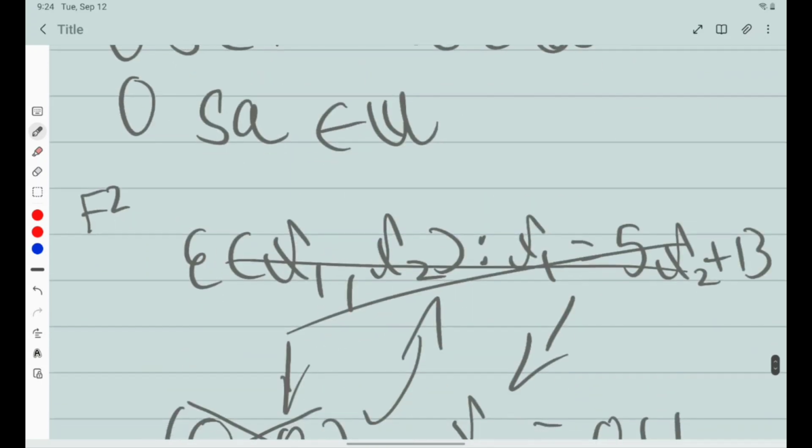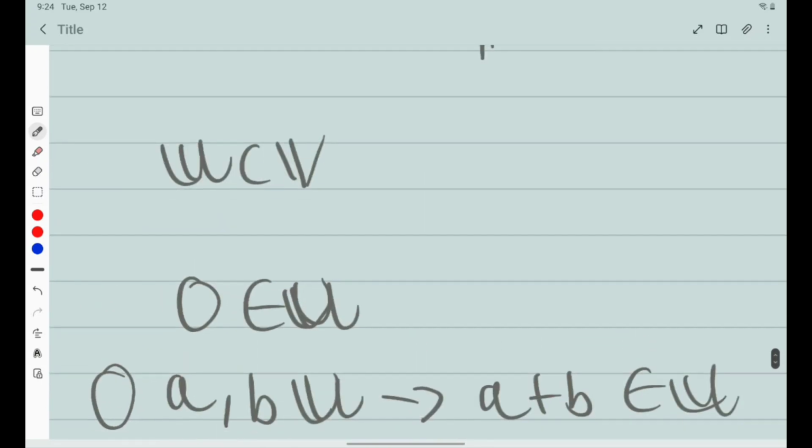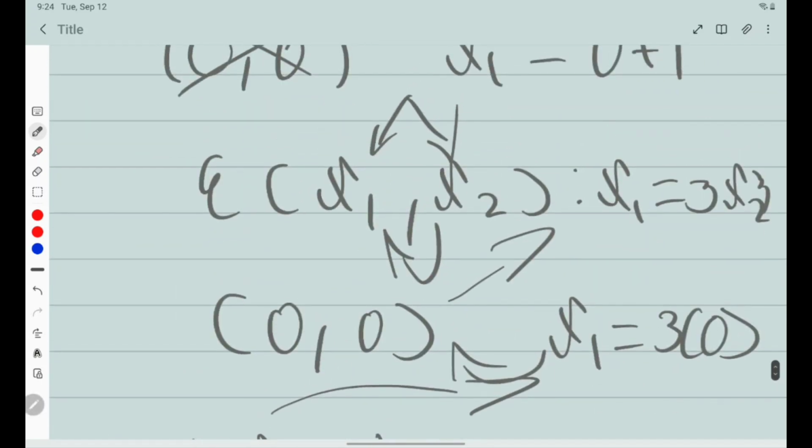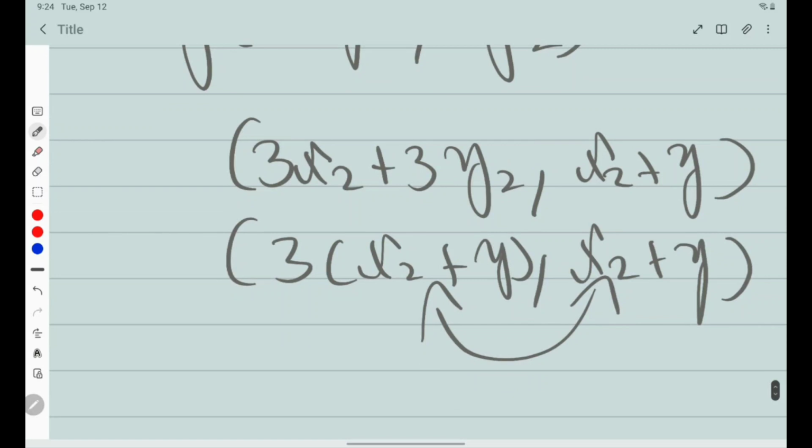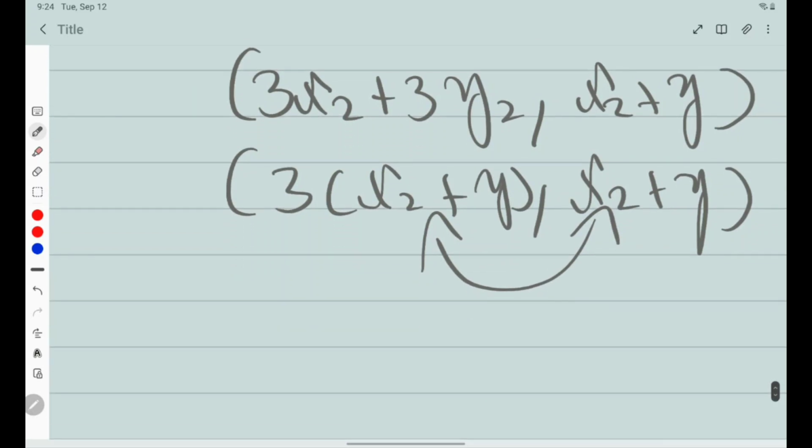So this x1 equals 3x2 is exactly the form that we see in our resulting vector from this addition, because this is x2 and this is x2, and then it's multiplied by 3. This is shown to be an element of our subset in every sense.